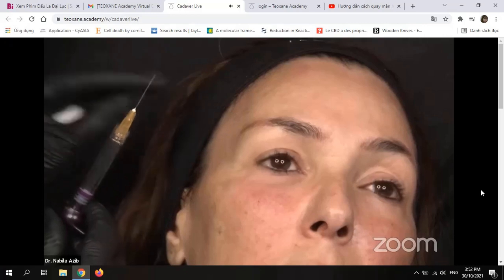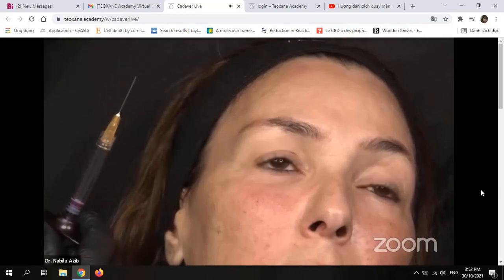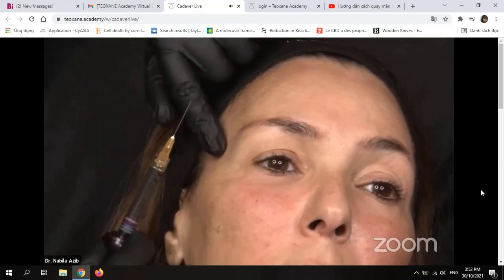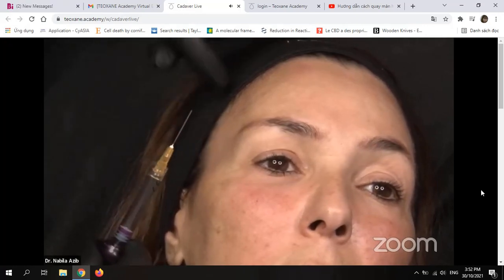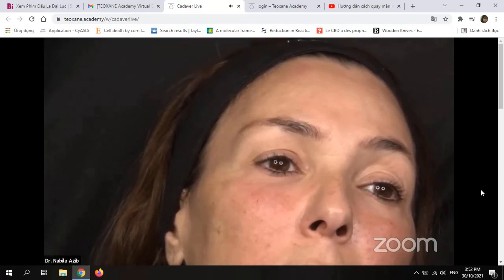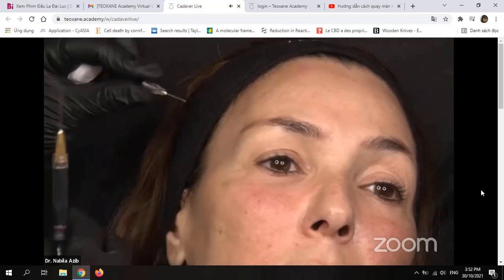So if you use a short needle, you will maybe not reach the bone, especially in this hollow temple. Your needle will probably stay into the muscle, and then you are in danger.